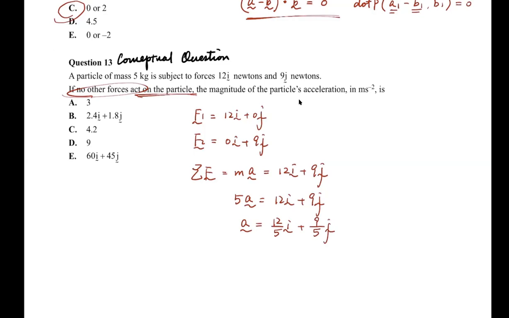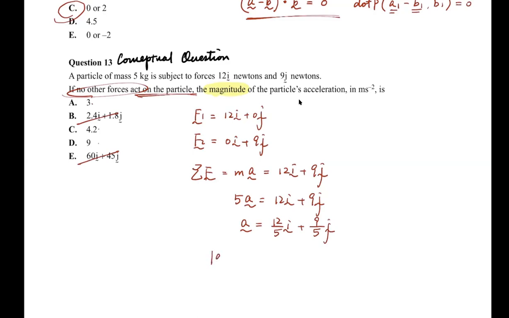Probably no, because we are looking for the magnitude. The magnitude means the scalar quantity. So we can't choose option B, option E. We have to choose from either A, C, D, okay? A, C, D are only scalar quantities out of 5 options.